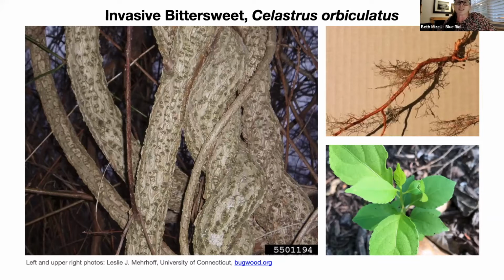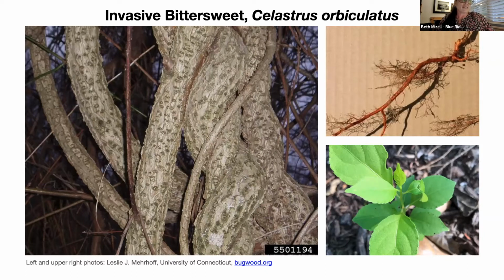It's tolerant of shade and can be problematic in forests, smothering, and its weight taking down mature trees. The dense thickets shade and smother shrubs and native ground cover. Bittersweet spreads primarily by seed and is moved around by birds who eat the seeds.